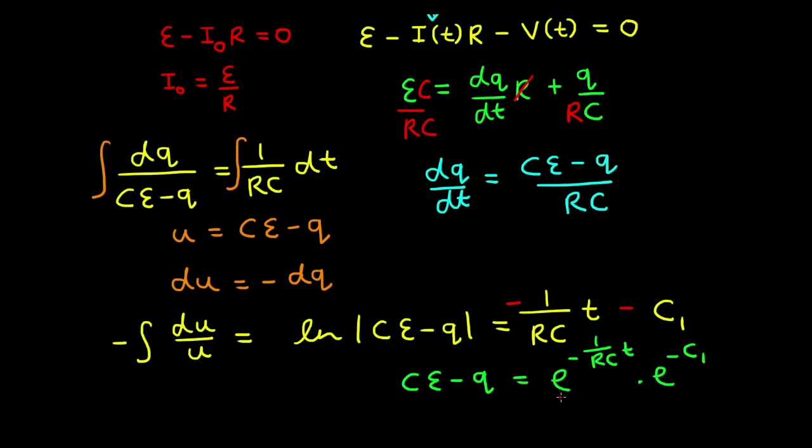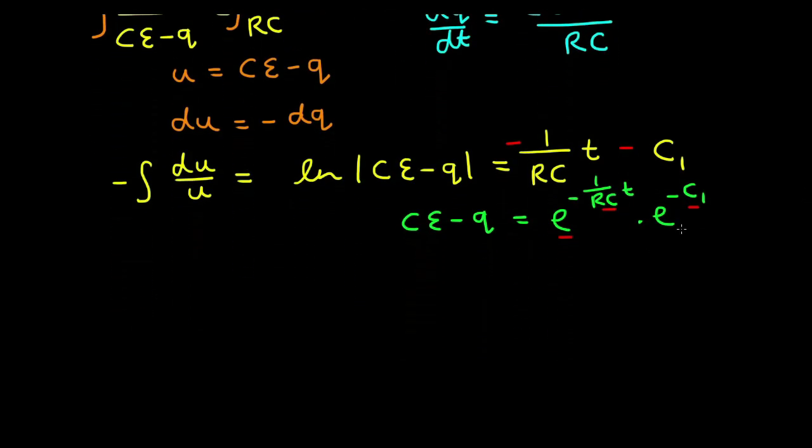So that's the same as having e as the base and adding the indices. So this here is just another constant. So we end up with C epsilon minus Q is another constant by e to the negative 1 on RC by t.